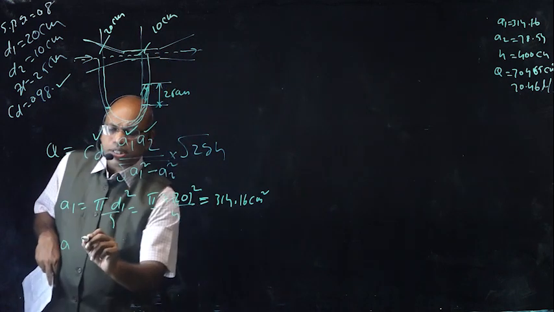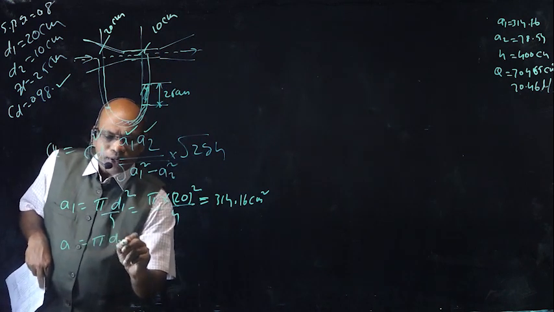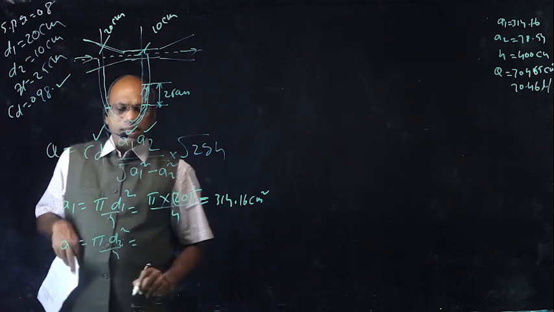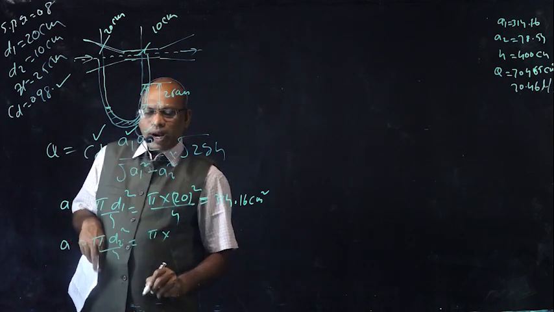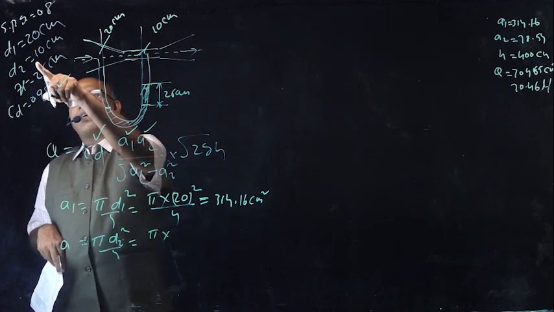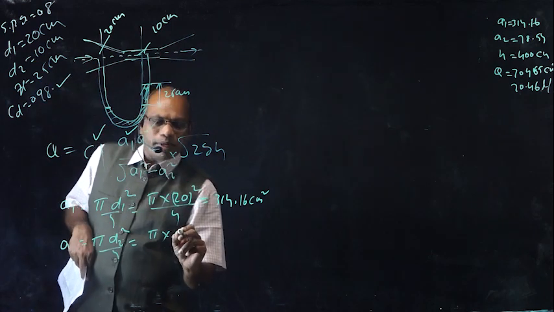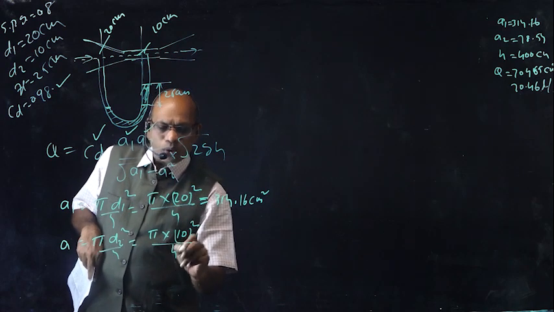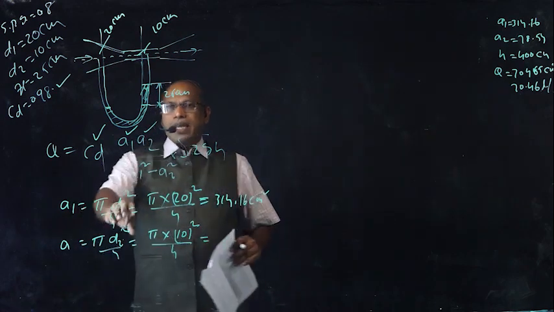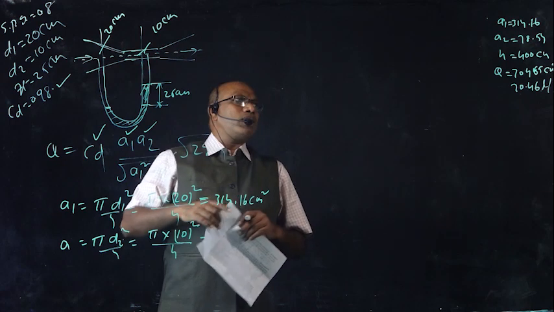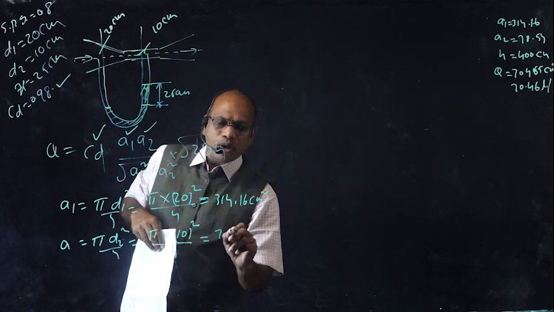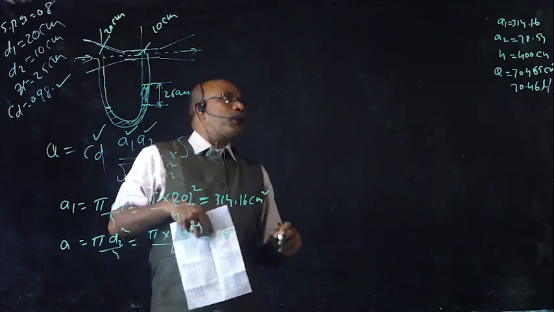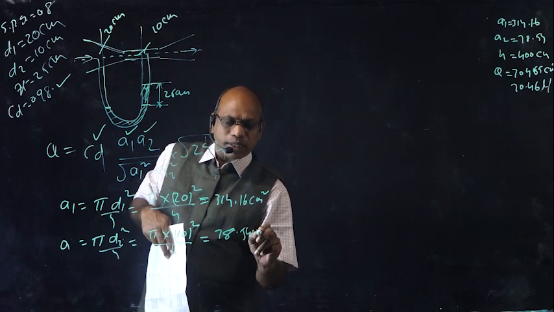Then we are going to determine A2, the cross-sectional area at throat, equal to pi d2 square by 4. This is pi into 10 square divided by 4, where d2, the diameter at the throat, is 10 centimeters. Therefore, the cross-sectional area at throat is equal to 78.54 centimeter square.